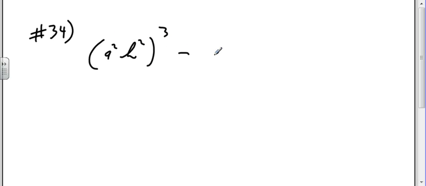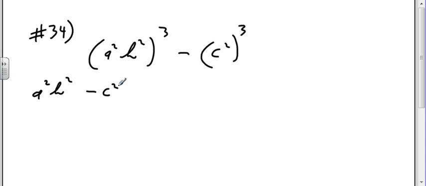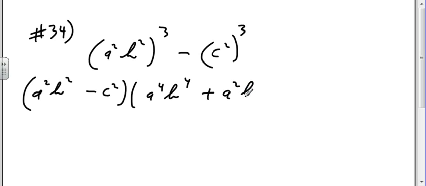Number 34, and then we'll have to quit because we ran out of problems. This one has two answers too. So I could say it's (a squared b squared) cubed minus (c squared) cubed. Then I could factor it as (a squared b squared minus c squared) times (a to the fourth b to the fourth plus a squared b squared c squared plus c to the fourth).